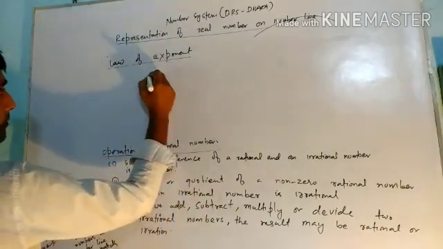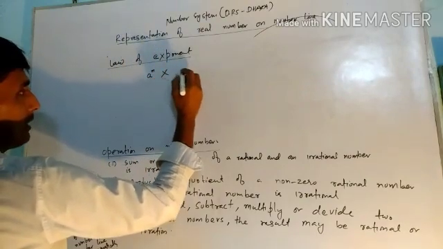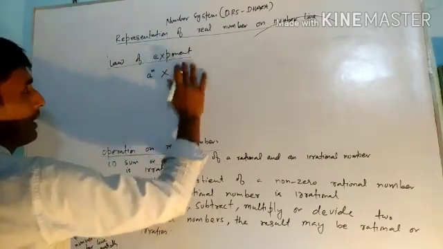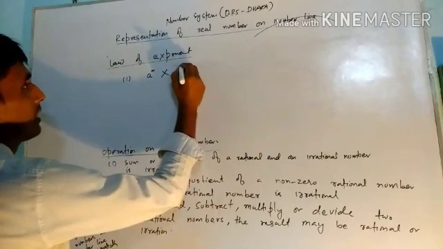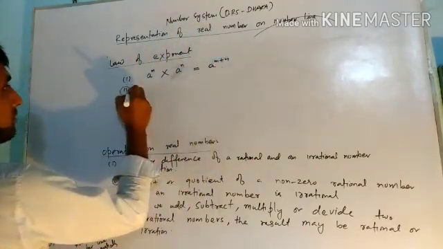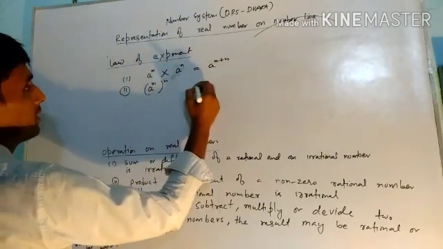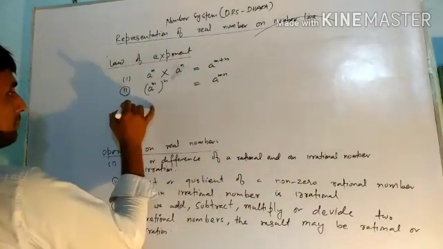Suppose you have any number a to the power m. If you are multiplying with the other number a to the power n, you will get a to the power m plus n. The second formula is a to the power m, whole to the power n, you will get a to the power mn. Both the exponents will multiply.